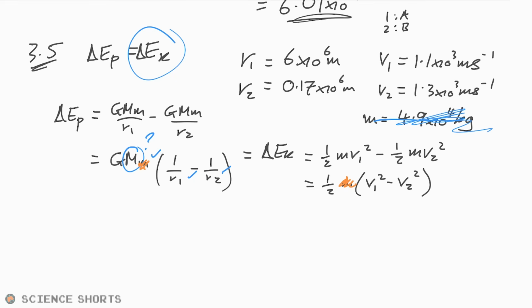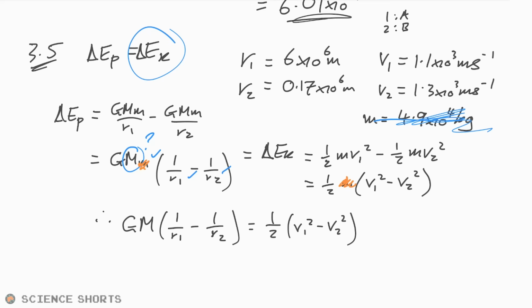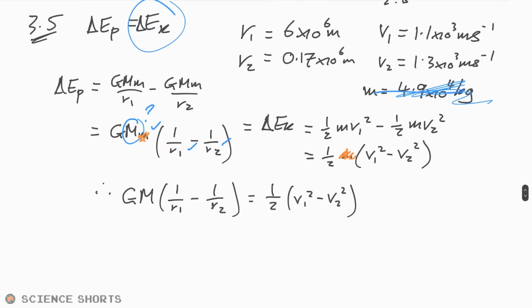So therefore, let's write this out nice and clean once more. So big GM, 1 over R1 minus 1 over R2 is equal to a half times v1 squared take away v2 squared. Cool. And so now all we have to do is pop in our data and rearrange. That's all right, isn't it? So we're looking for M, aren't we?